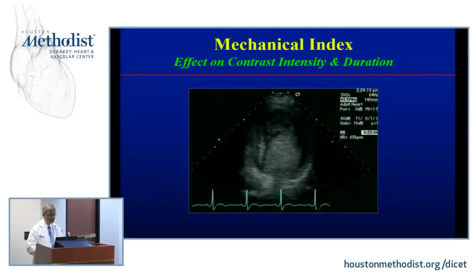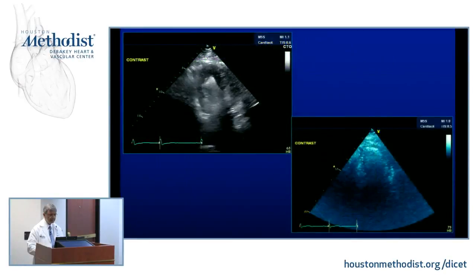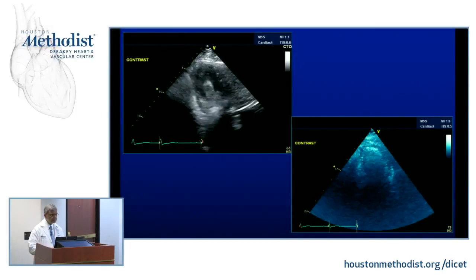All right. So what do we have here? This is the mechanical index. Kind of stuck there. And these are some other examples here. That's a high mechanical index of 1.1. And you could see that it's clearing every systole.